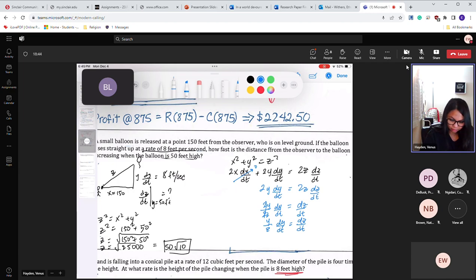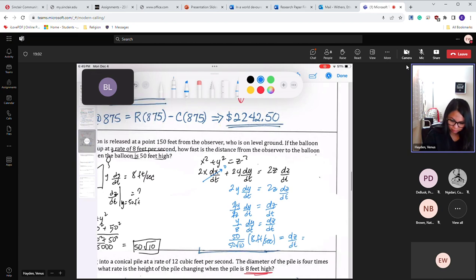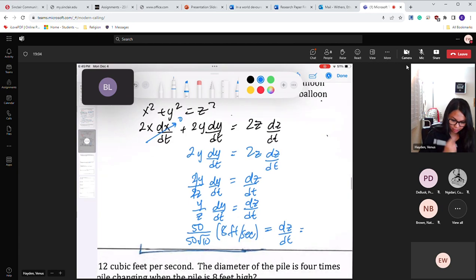Now we could just plug in the values that we already have. Your y value that was given was 50, over the z, which is 50 radical 10. dy/dt happens to be 8 feet per second. That gives us a dz/dt value, where the 50 cancels out.